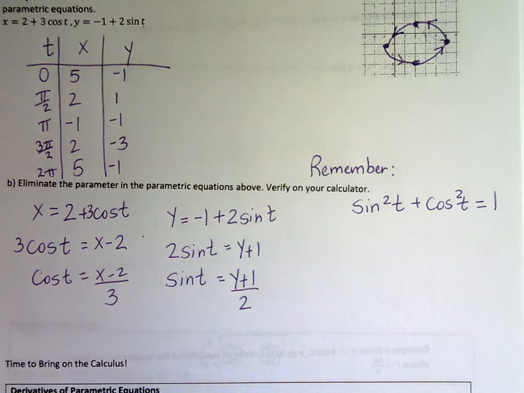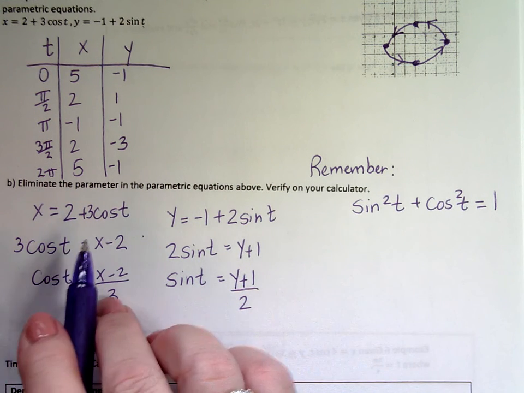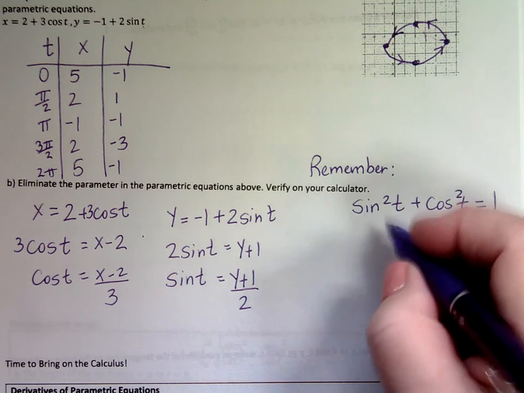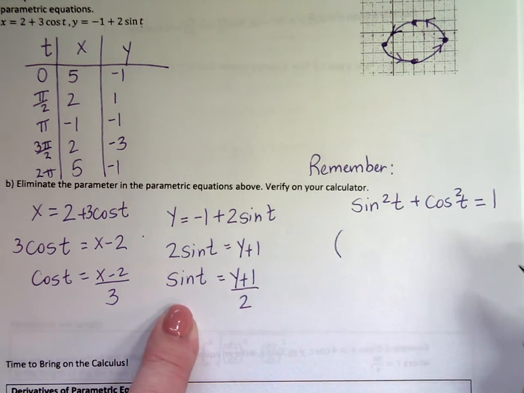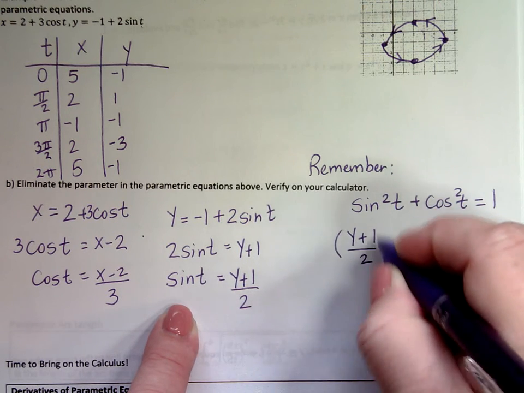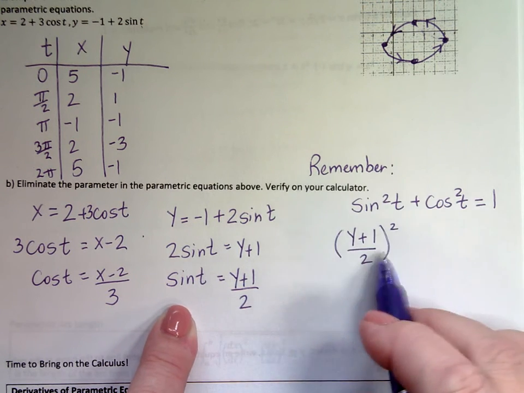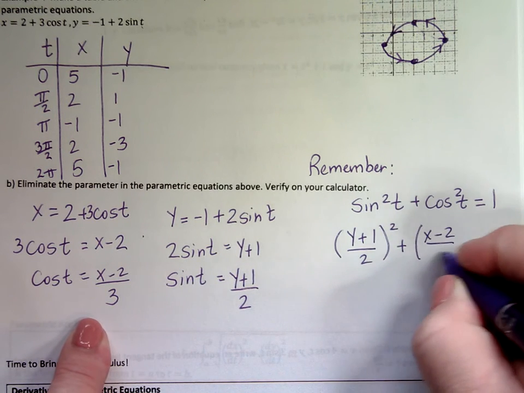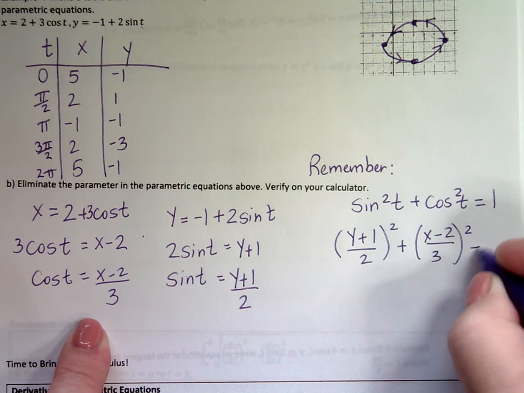And this only comes up when you see sines and cosines, because there's no way for you to put them into the rectangular world other than to go back into those trig identities and do it this way. So what do you know the sine is? You know the sine of t is y plus 1 over 2, quantity squared, sine squared, plus cosine squared, x minus 2 over 3, quantity squared, equals 1.